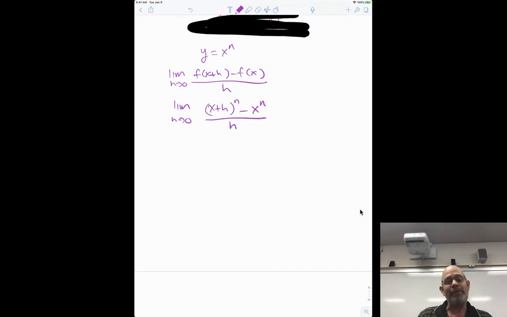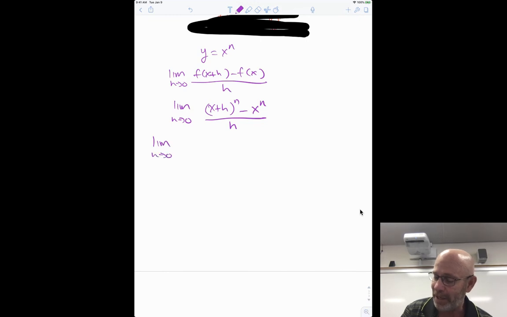So now we have a limit problem like we did back in the first chapter. And you actually had a couple limits that look like this in the first chapter. So what we're going to do here is we're just going to expand, multiply it out, see what happens. So again, this is a little bit quick. This is the binomial theorem. Back in Algebra 2, you learn how to expand x plus or a plus b to any power. So I'm going to kind of expand that out.